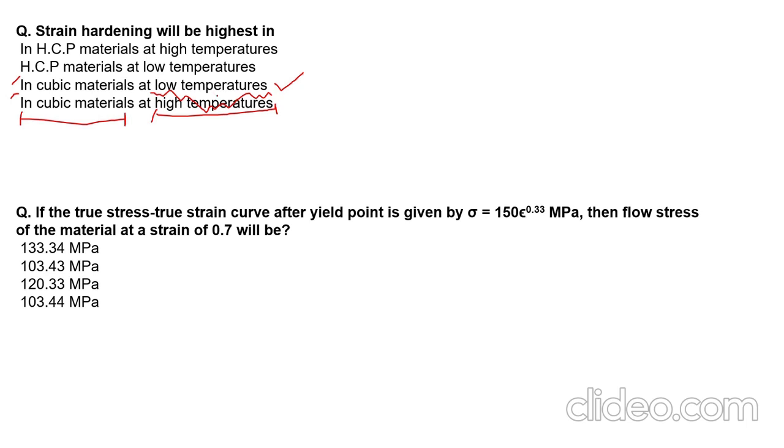But you should understand that this is a true stress-strain curve after the yield point, and it is given by a certain equation, right? So you just have to calculate what will be the flow stress. Flow stress is nothing but your stress, which is sigma, and you are given a strain of 0.7. You have to do nothing but put the value of strain in the equation and calculate your stress. So you can try to calculate it.